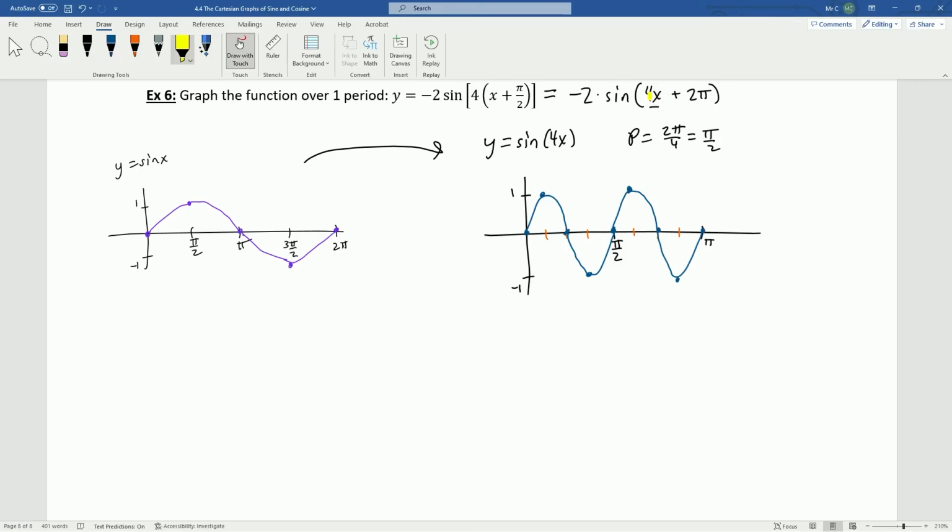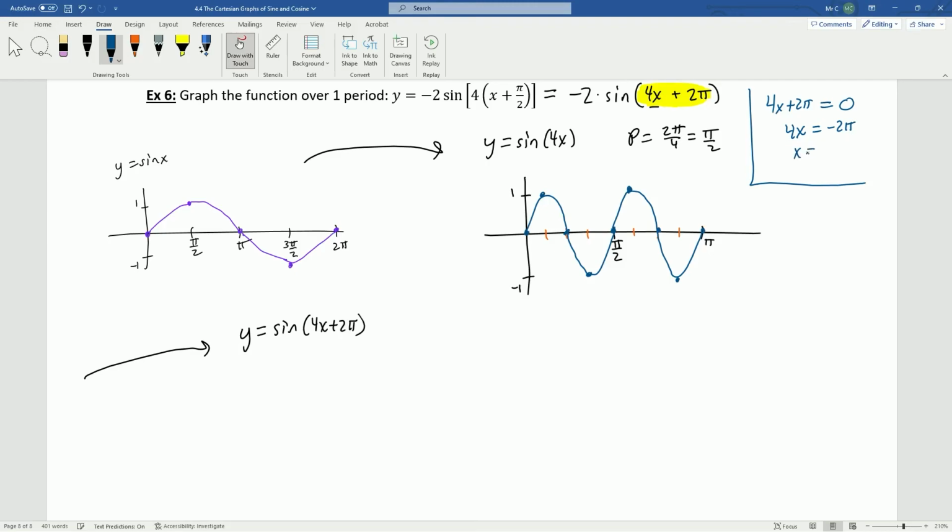Now I've got to do the rest that's inside the parentheses. That's the 4x plus 2 pi. But remember, if we're thinking of our shift by taking this input, setting it equal to 0 and solving it, we get 4x equals -2 pi, divide by 4, x equals -pi over 2.